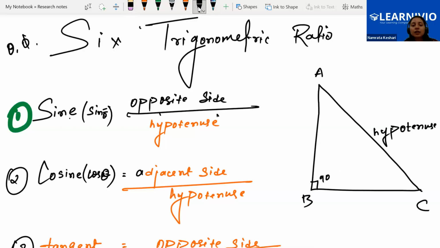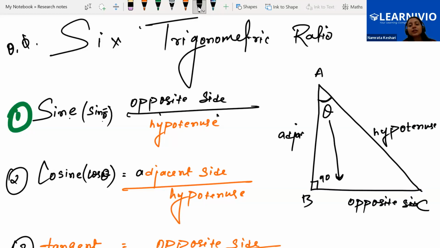We are talking about angle theta, so you have to see where angle theta is in this triangle. Maybe if I write angle theta over here, then the opposite side means the side opposite to angle theta. This side BC will be the opposite side over here, and side AB will be the adjacent side.